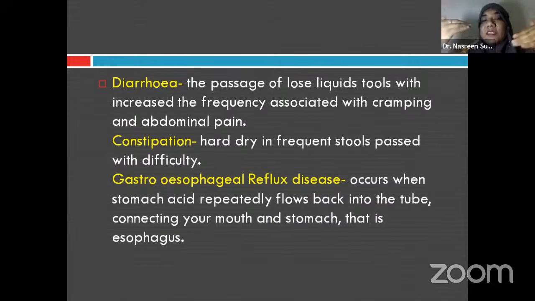Okay, but in gastroesophageal reflux disease, what happens is the acid is coming towards the esophagus where there is no such protection, right? So there will be chances of ulcers, esophageal ulcers. Chances will be more when you get this disease. Okay.